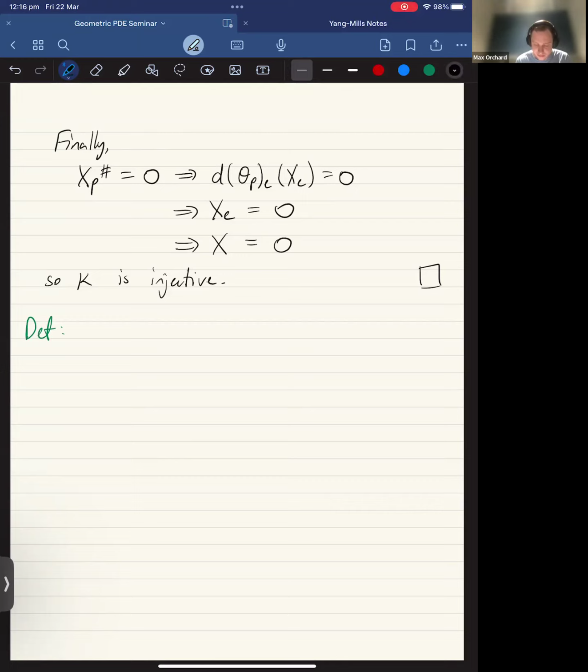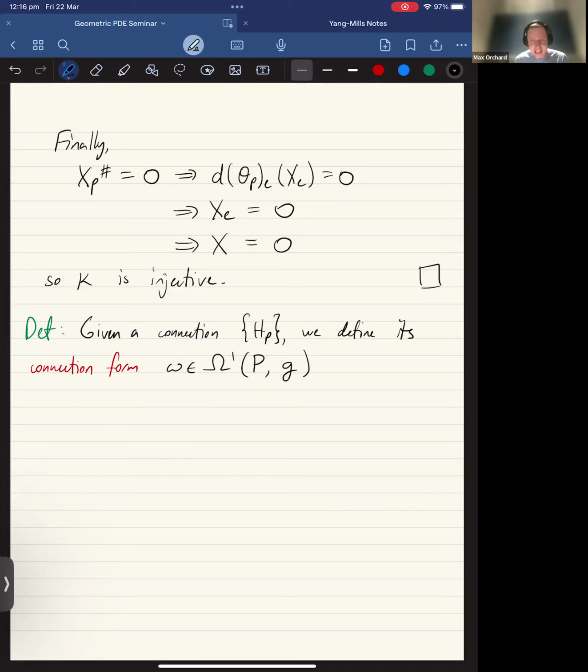Definition. Given a connection, we define its connection form, which is a one form that takes in at each point tangent vectors of P and is Lie algebra valued.